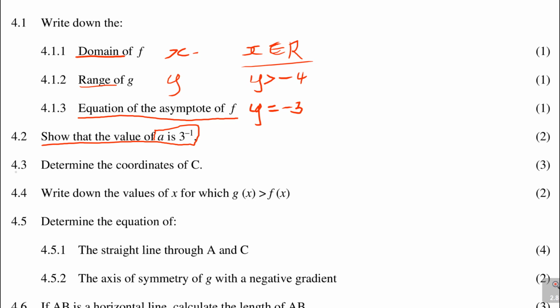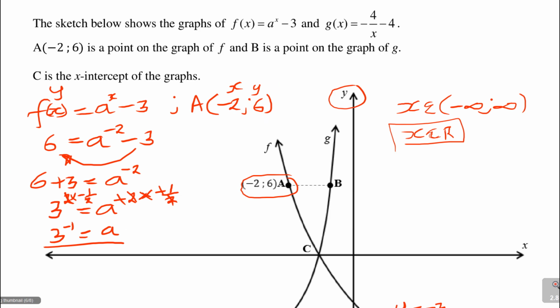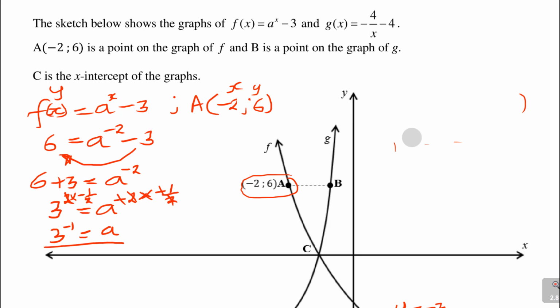Alright, let's go on. 4.3 says determine the coordinates of C. Let's look at this part. It's also something that you need to remind yourself of when they are looking at the coordinates of C. They told us something about C here. They said C is the x-intercept.